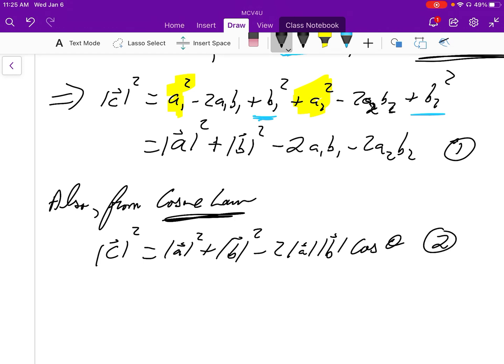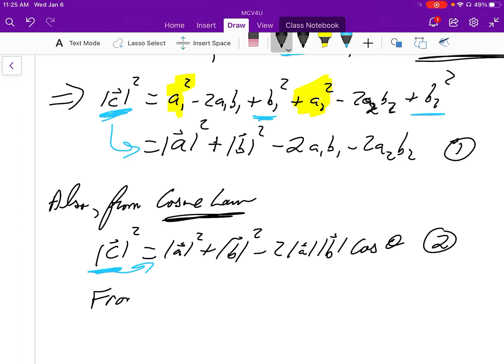All right. If we're looking at equation 1, you can see that we have an expression for the magnitude of c squared. This is it. And in equation 2, we also have another expression for c squared, right? And that's this one. So we can relate these two together.